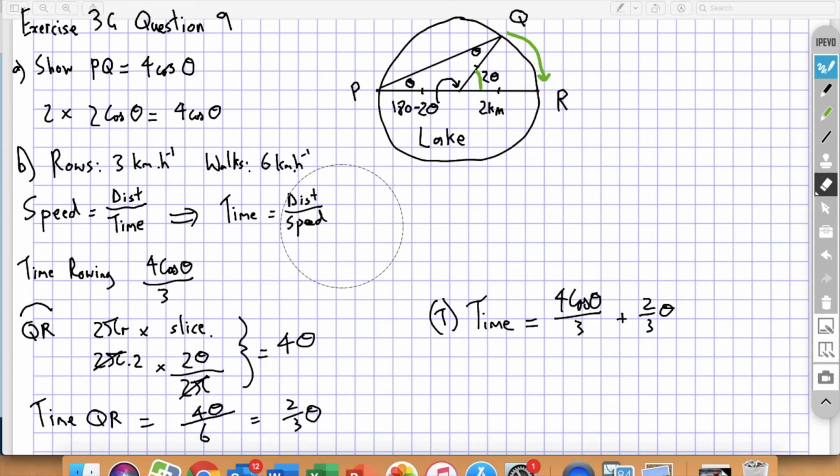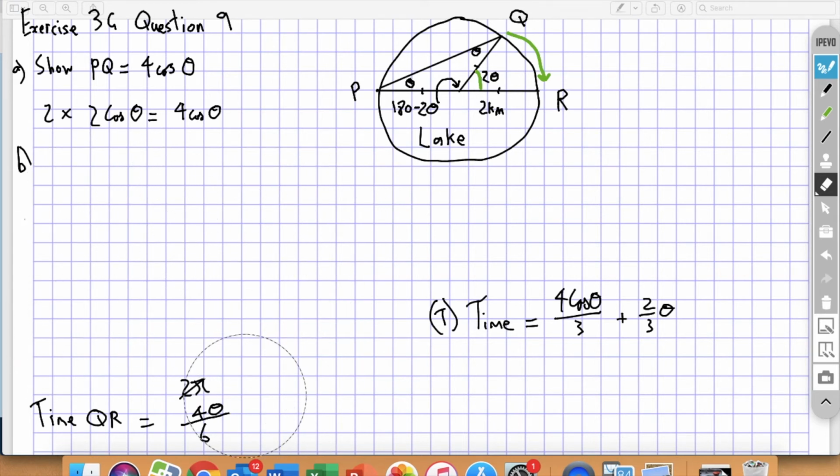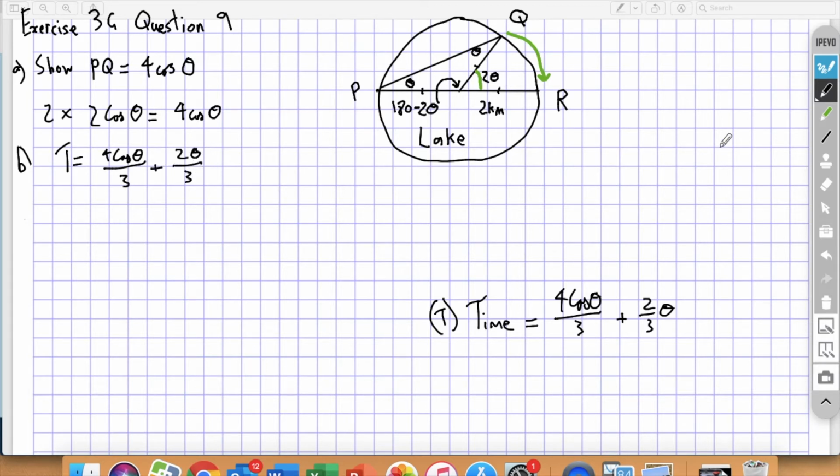So for B, I'm going to erase my working and write this as an equation up here. T equals 4 cos theta on 3 plus 2 theta on 3. Okay.